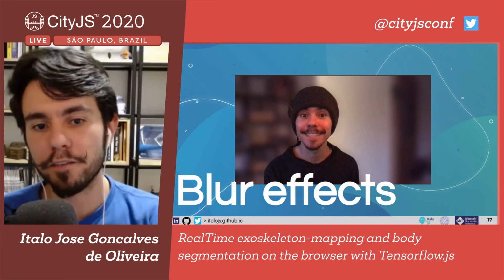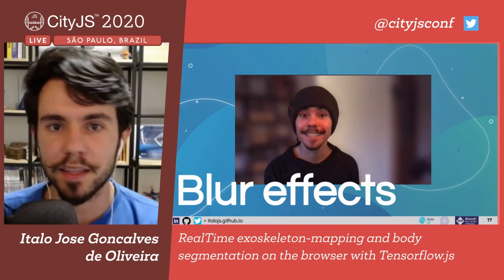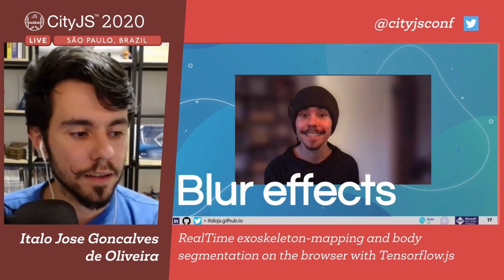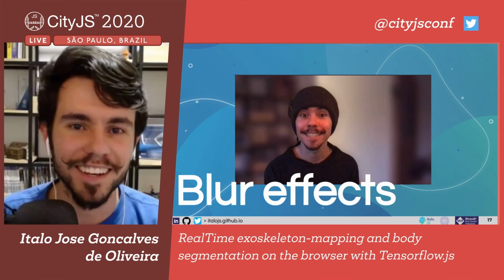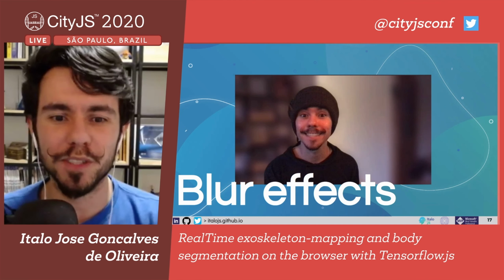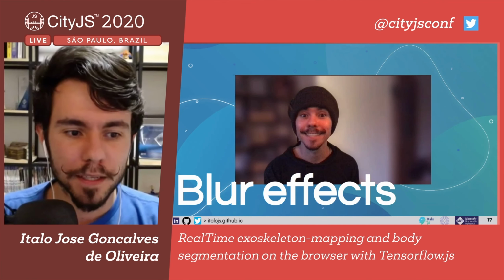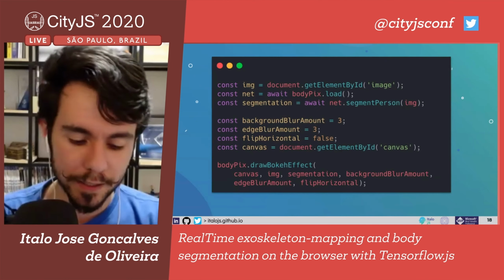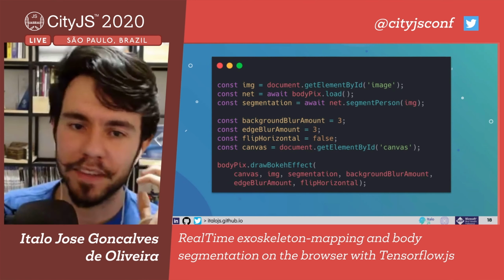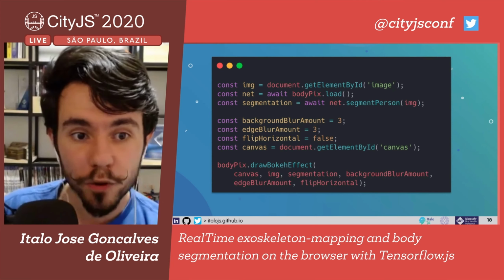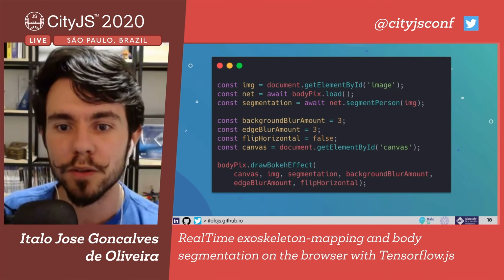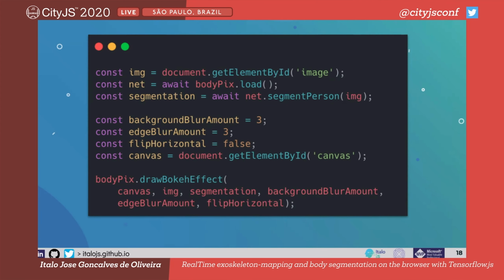I can make the blur effect that Teams and Skype have, and that other video conference platforms use. I guess Zoom uses it too. But how can we do it? We have an image element. We have our network loaded by BodyPix load. We segment a person, a unique person.